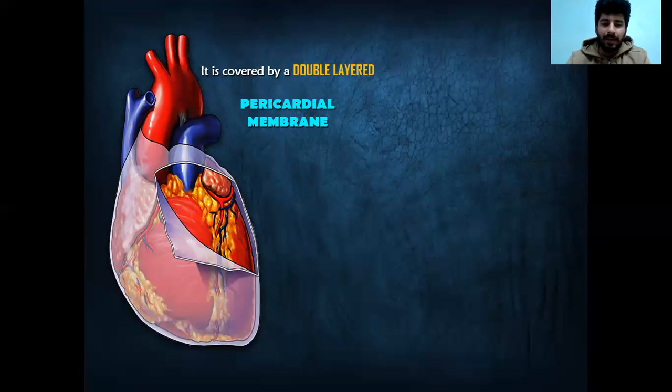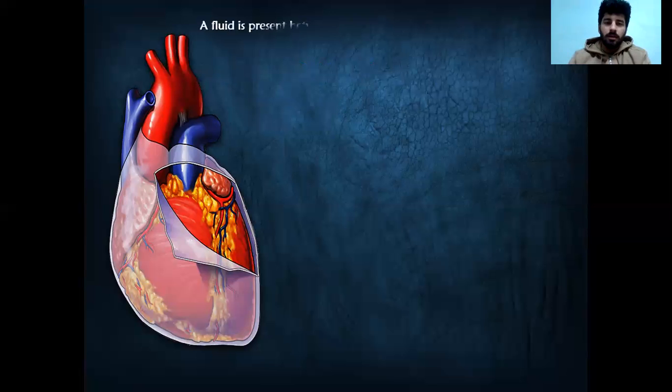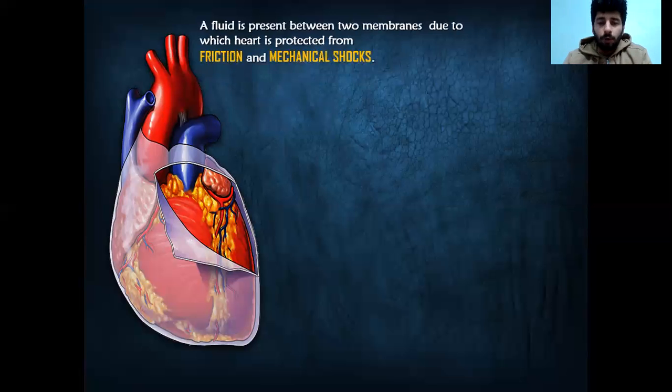So the pericardial membrane is a membrane outside the heart. To give it far more protection, the place between the heart and the layer is filled with a fluid, so that in case you suddenly fall, there is not much impact on your heart.